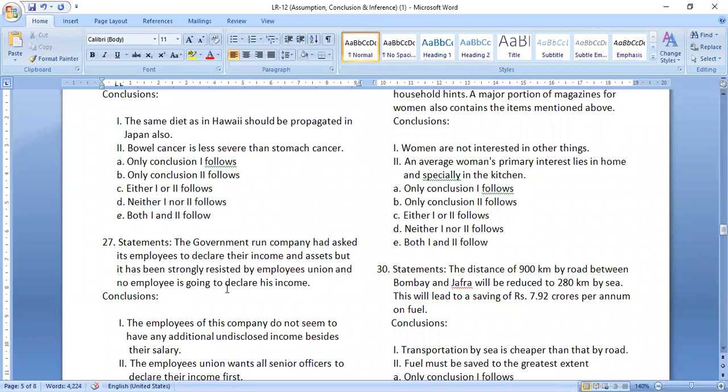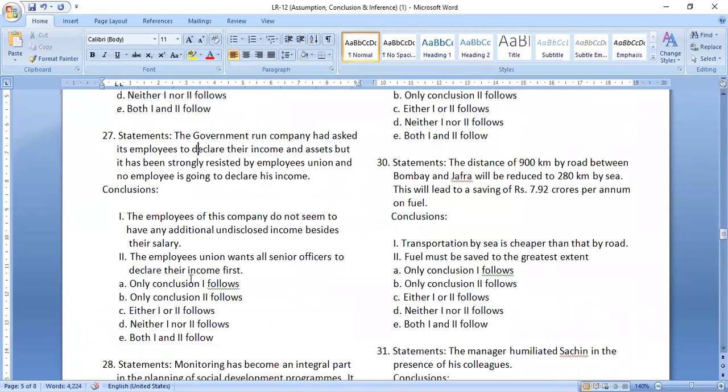D. Okay. So the statement now is that the government-run company had asked its employees to declare their income and assets, but it had been strongly resisted by the employees union, and no employee is going to declare his income.